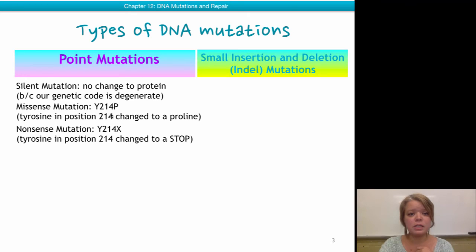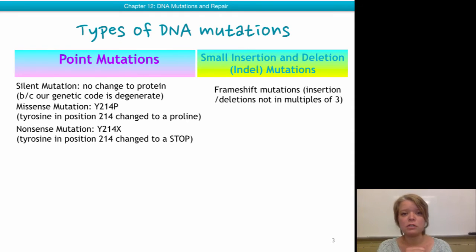While missense mutations can change protein structure and, for example, cause the unfolding of a protein at the worst, or change the active site of an enzyme or binding site of a receptor, nonsense mutations are much more dramatic because they will result in practically no protein produced. Or, for example, a protein that has the catalytic domain but is lacking a regulatory domain and can no longer be controlled by the cell, which is very bad.